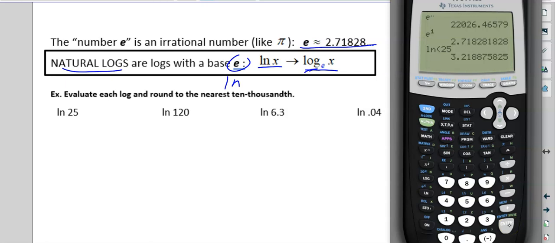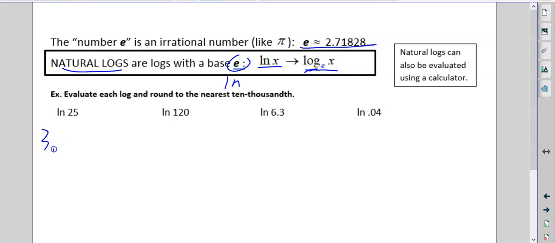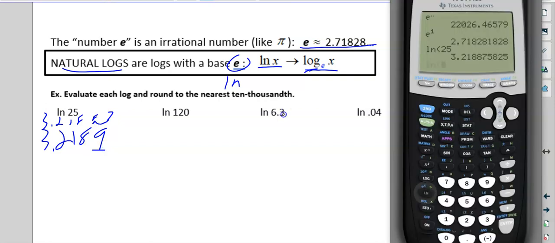And it says, again, go to the nearest 10,000ths. That's 4 places. So 3.21887. The 7 tells the 8 to round up. So 3.2189. ln of 120. Just hit the ln, 120. 4.7874, but the 9 tells the 4 to round up.